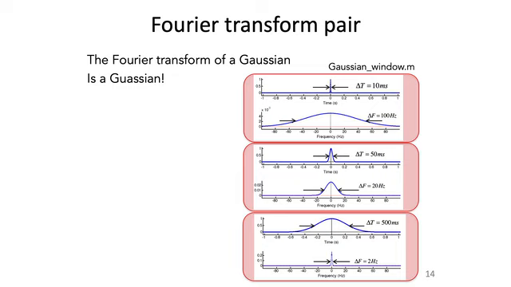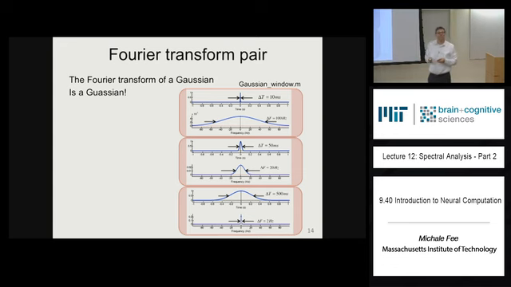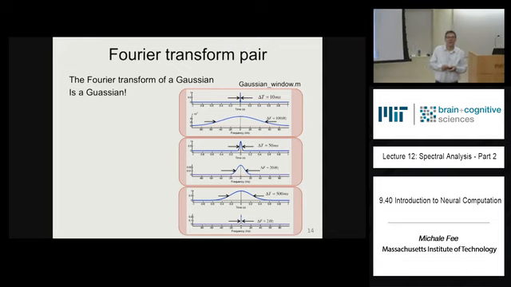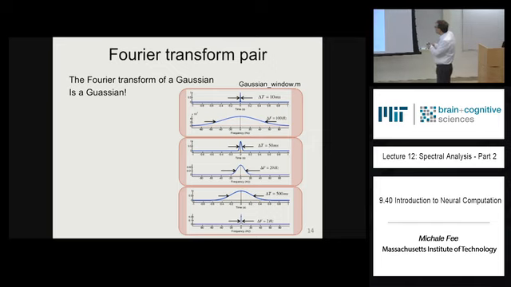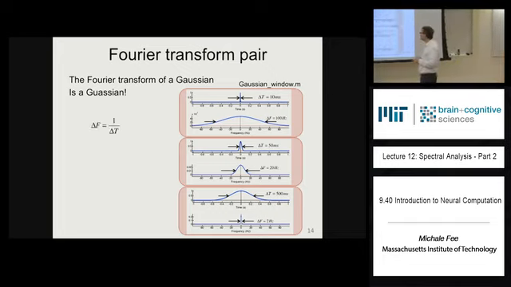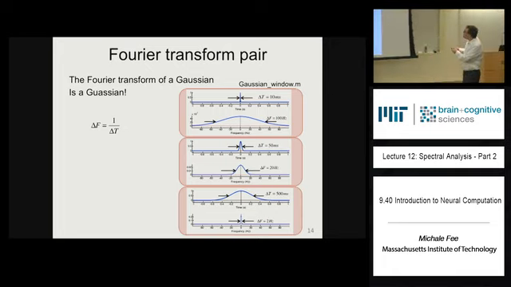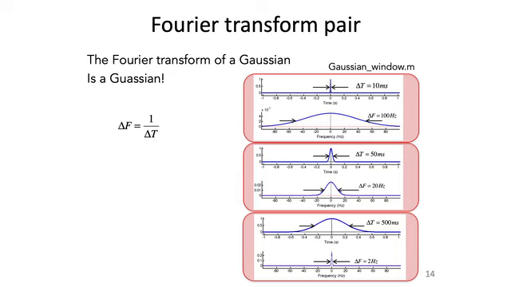And inversely, if I make the pulse in time wider, then the Gaussian in frequency space gets narrower. Yes? Yep. It's a little bit unclear here, but I'm measuring these widths at the half height. Okay, and so you can see that for a Gaussian, this time bandwidth product, delta F times delta T, is just 1. So there's a time bandwidth product of 1.